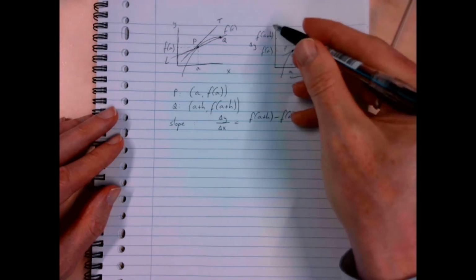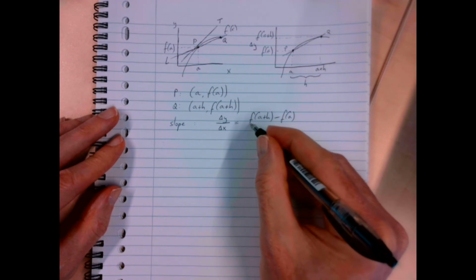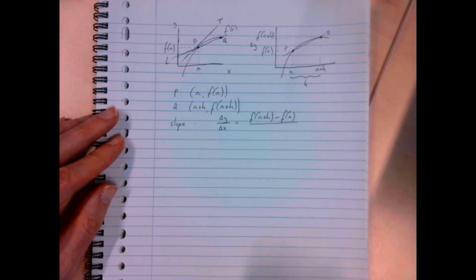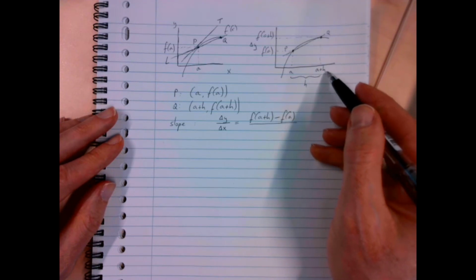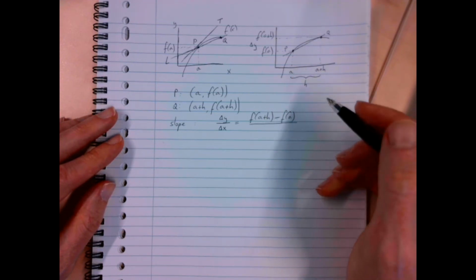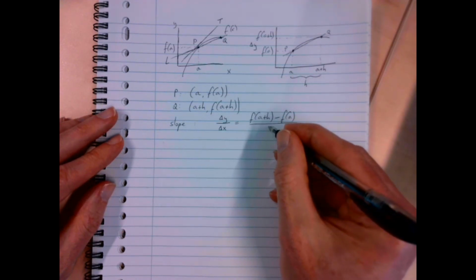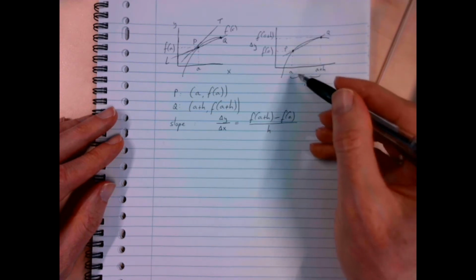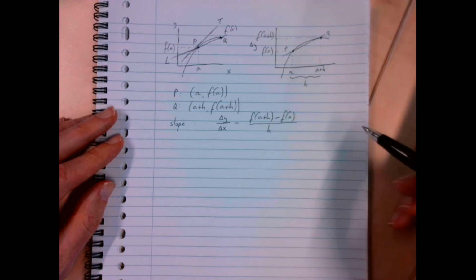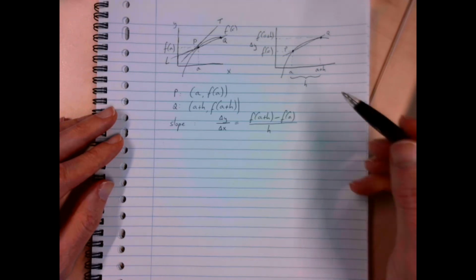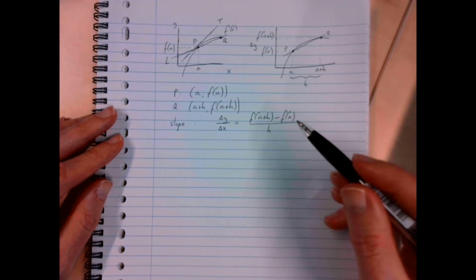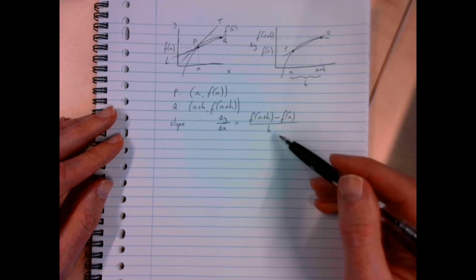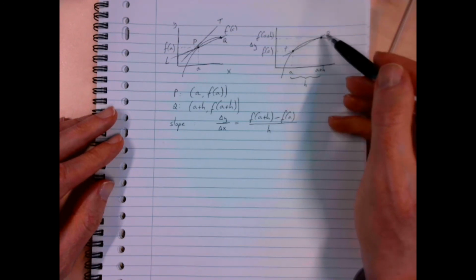That's the difference in the y-coordinates. And I have to divide that by the difference in the horizontal direction. So it's a plus h minus a. Essentially, that's of course just h, right? So the movement from left to right, from a to a plus h, is exactly h. So this expression actually measures the slope of the line between P and Q.